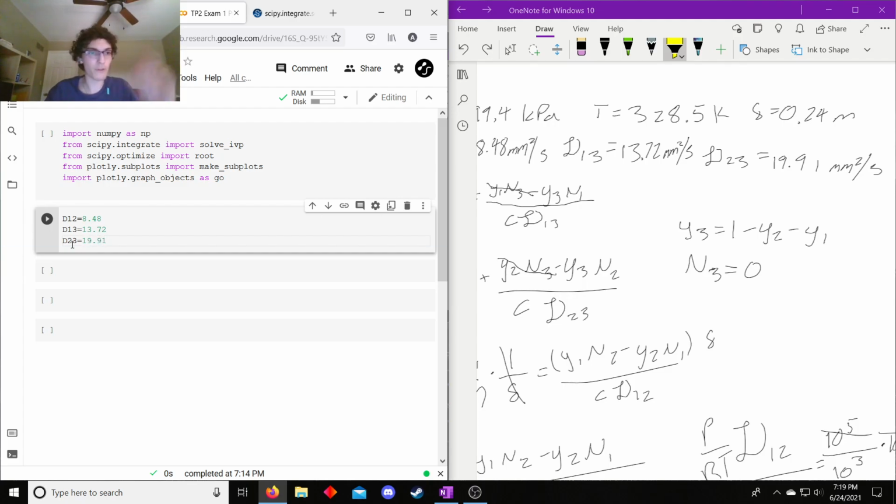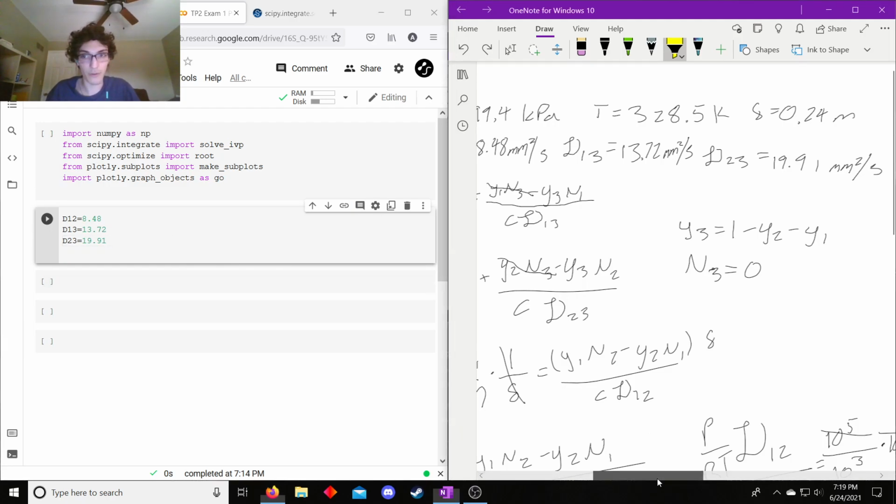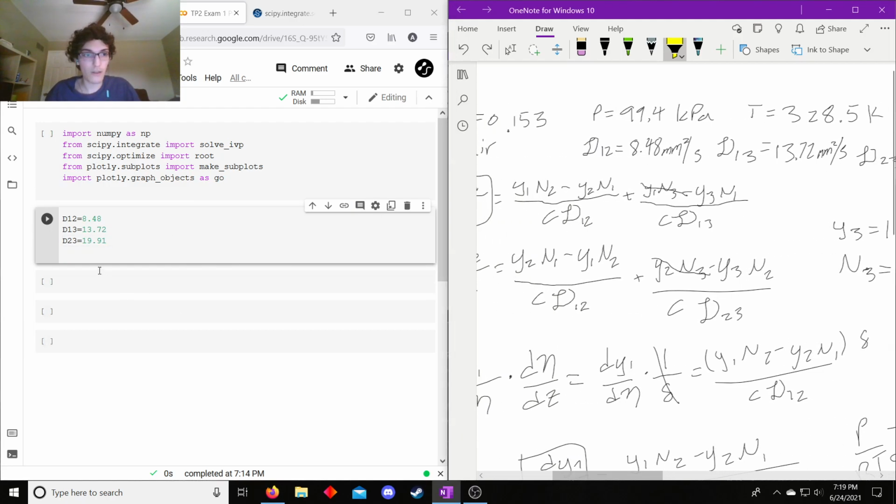And the reason why we have to go through and type all this in is because we're going to be using all these numbers in calculations within our code. So we have to make sure these are all input.